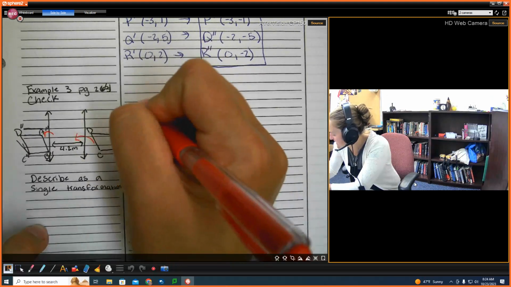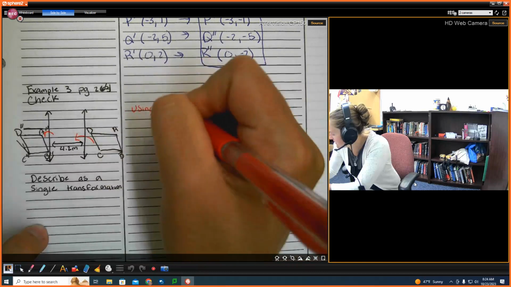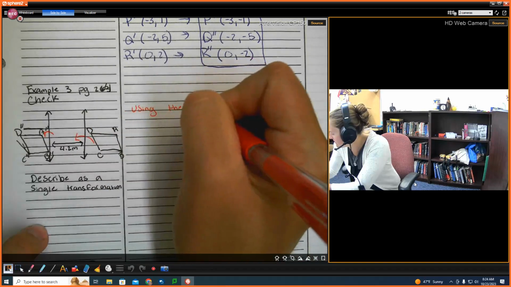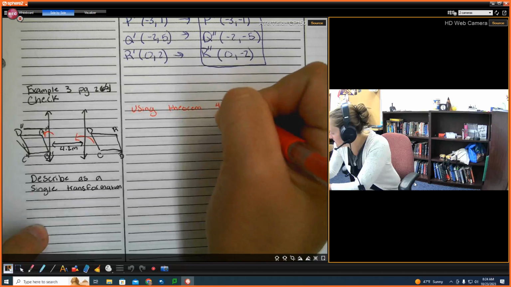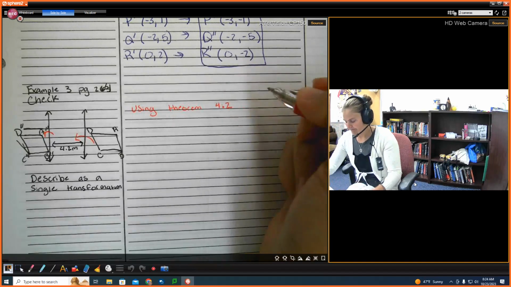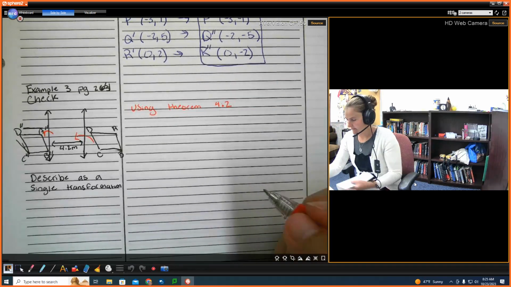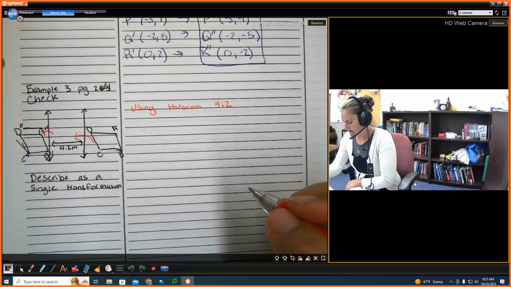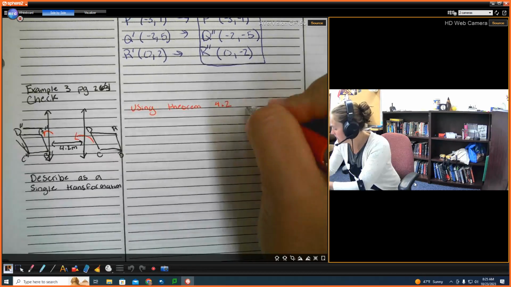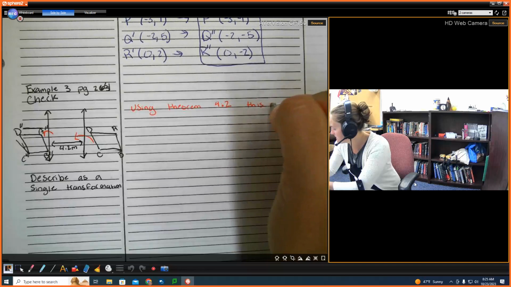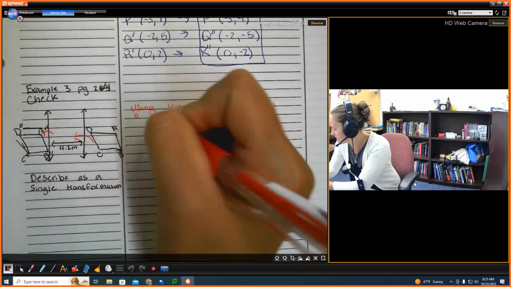So I'm just going to say using theorem 4.2. This is a translation, a horizontal translation.